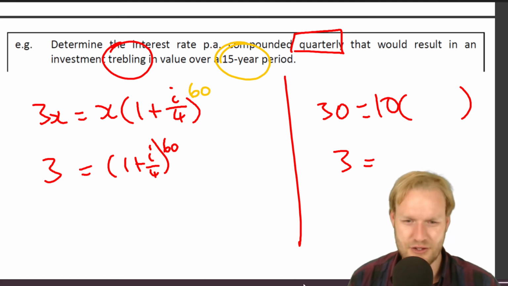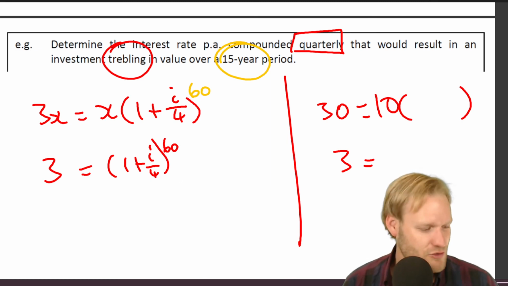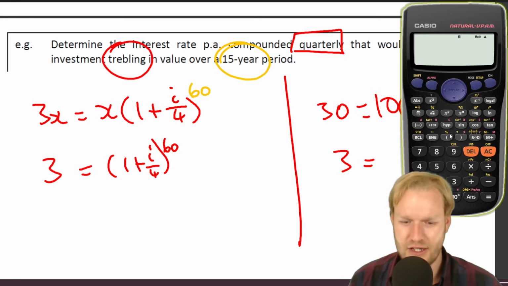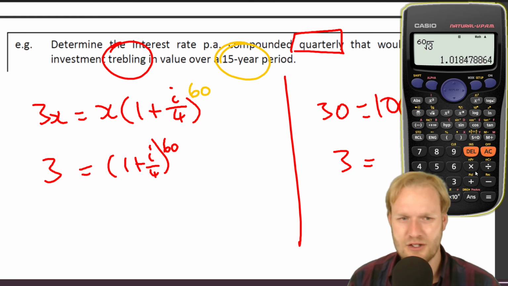Okay, take the 60th root of each side. And let's do it here and say, well, we've got 3. We want to take the 60th root. And yes, I'm sometimes doing this in one go, sometimes doing it as we go along, because I'm purposely showing it.